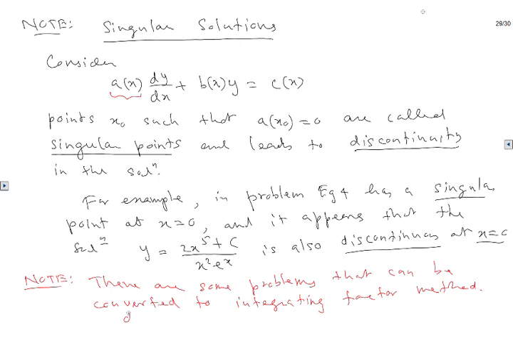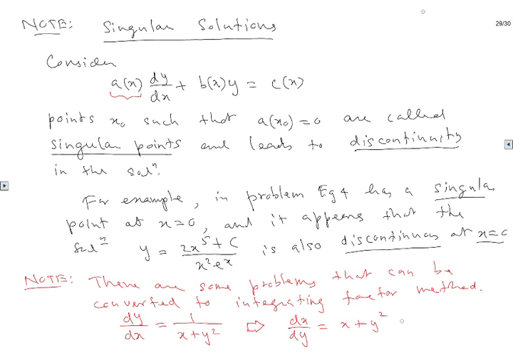Let's say dy over dx equals 1 over x plus y squared. If you see this problem, it may not look like the right form, but if you turn it upside down, what will happen? It is dx over dy equals x plus y squared. That means if you bring it to the other side, it is an integrating factor problem.